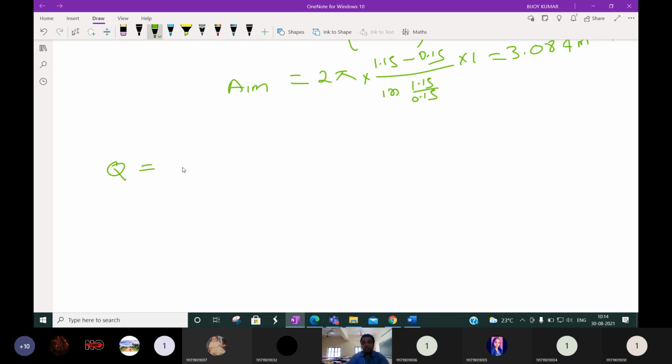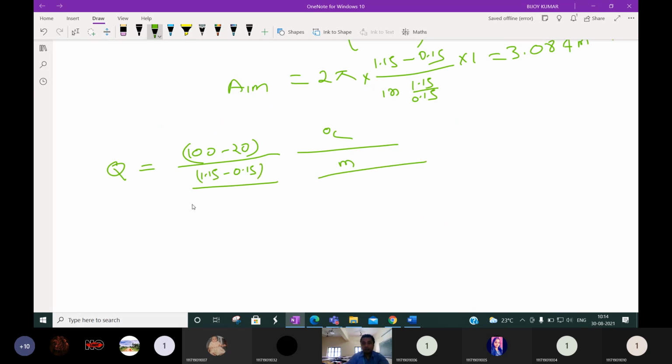So Q is equal to delta T, which is T1 minus T2, meaning 100 minus 20. The unit is degree centigrade. Then the X value is 1.15 minus 0.15, its unit is meter.